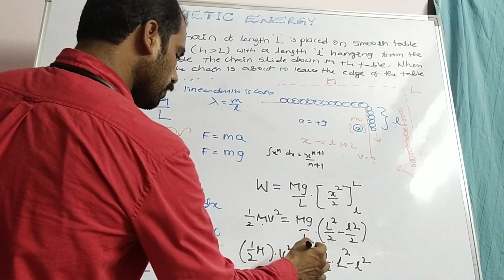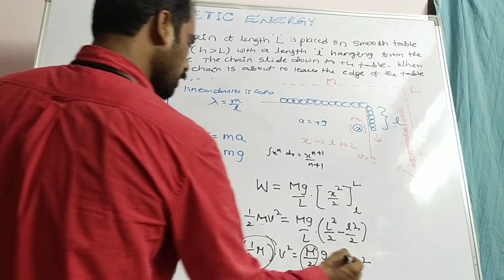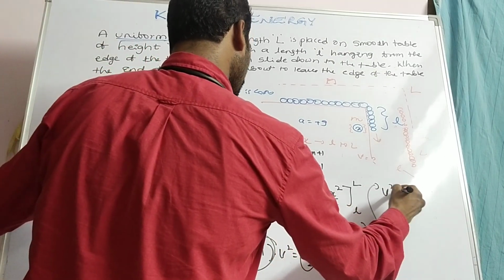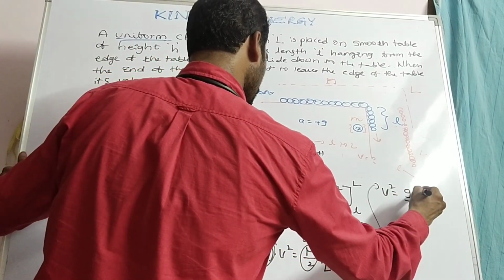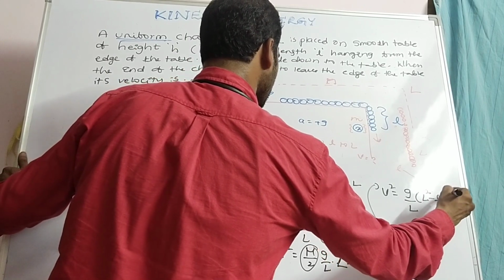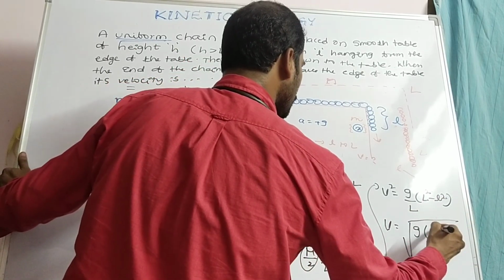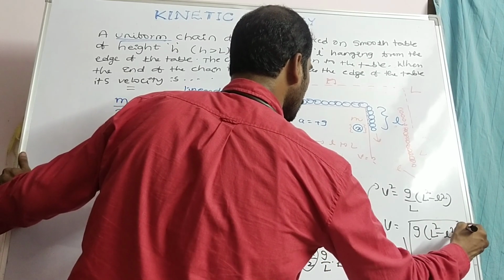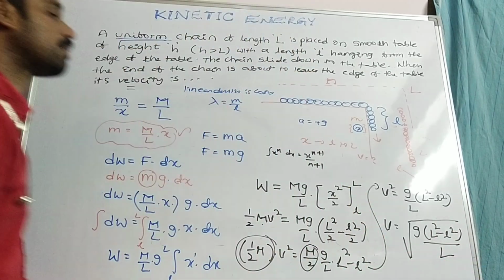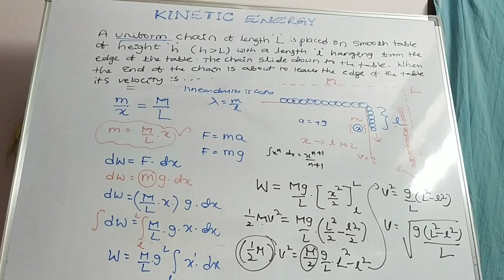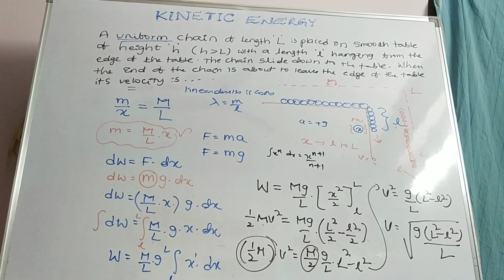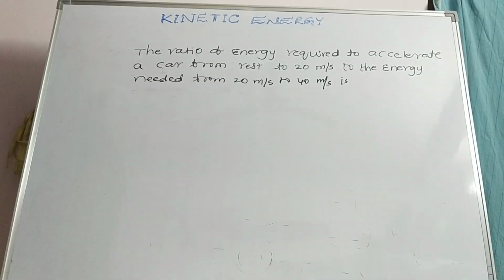Now the M by 2 on both sides gets cancelled. Then v square is equal to g by L into capital L square minus small l square. So v is equal to root of g into capital L square minus small l square by L, which is the expression for velocity when the end of the chain leaves the edge of the table.